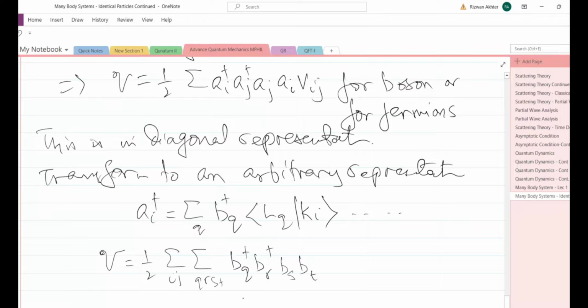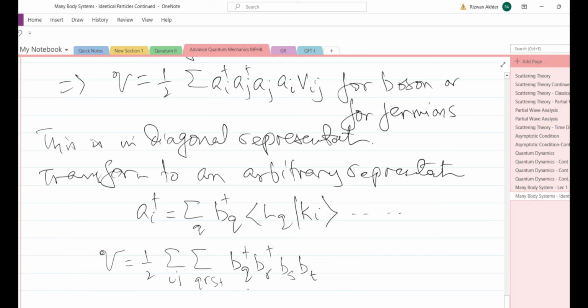That is two for creation and two for annihilation. That's why i and j correspond both to the creation operator as well as the annihilation operator. For the creation operator, we are using the subscripts q and r, and for the annihilation operator, we are using the subscripts s and t.